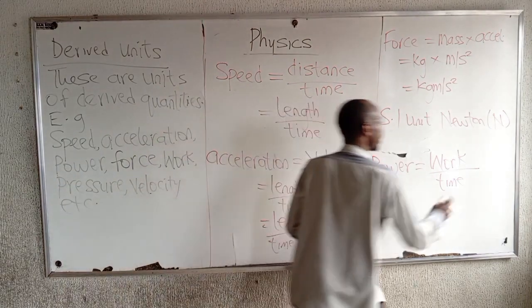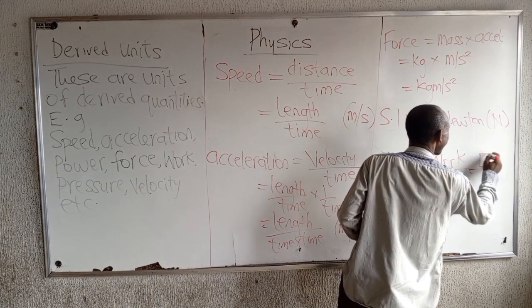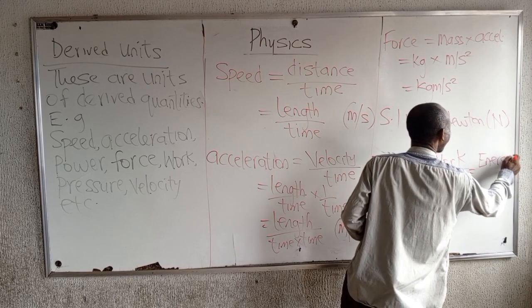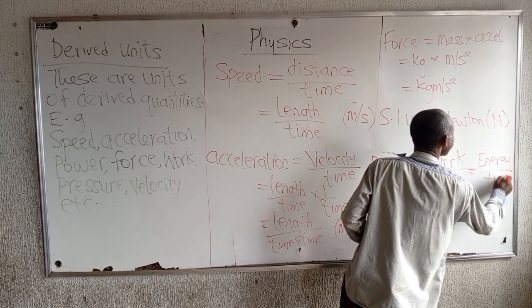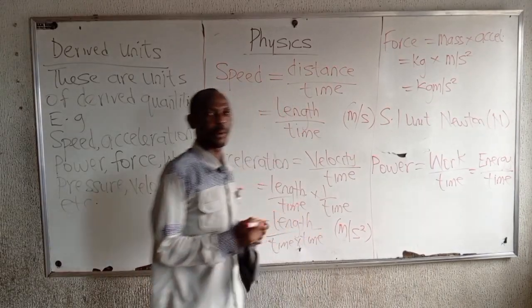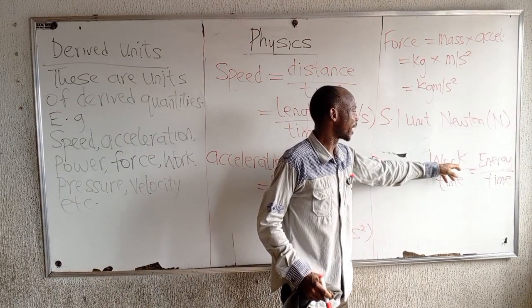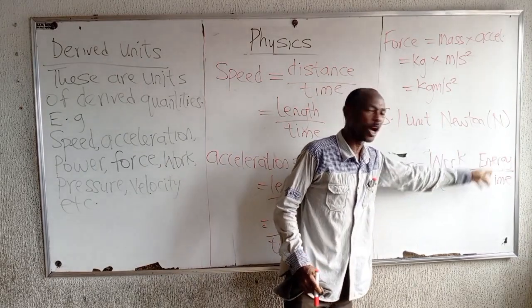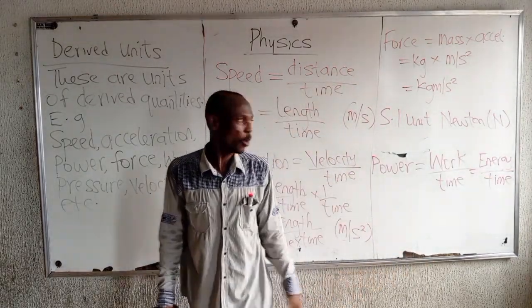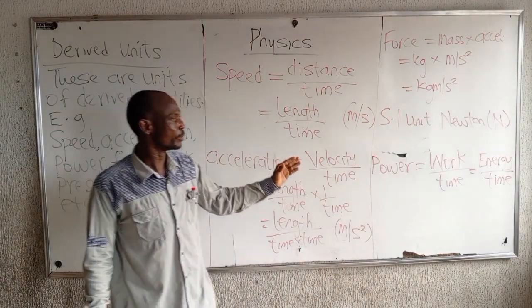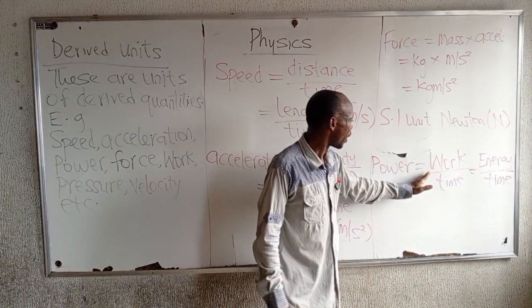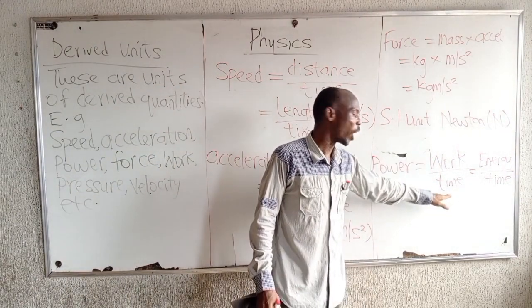Power can also be given as energy all over time. You remember in our introduction to physics, we said work can also be equal to energy. So power is work over what? Time.